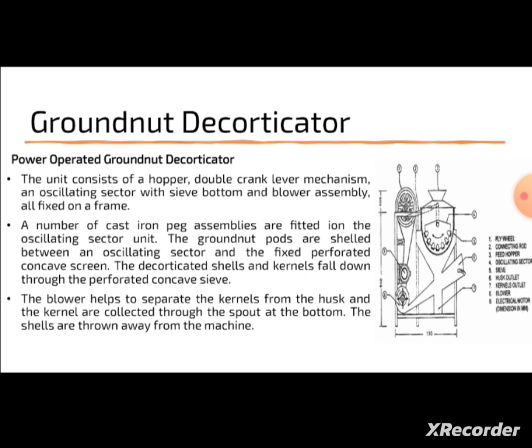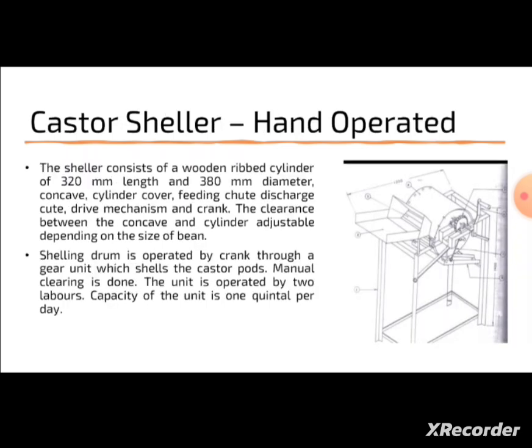The blower helps to separate the kernels from the husk, and the kernels are collected through the spout at the bottom. The shells are thrown away from the machine. This is a groundnut decorticator which is operated by electrical means.